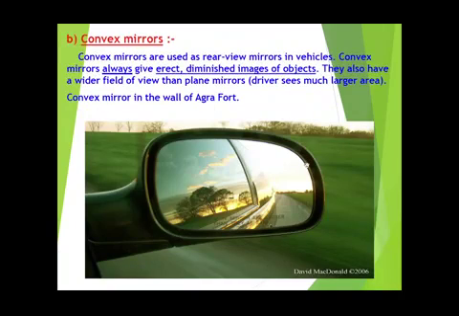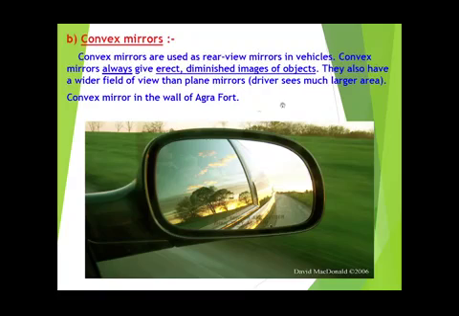Now comes the convex mirror. So convex mirrors are used as the rear view mirrors in the vehicles. Why they are used? Why only convex mirrors are used? Yes, you are correct, because the convex mirrors give us the erect image, the diminished image of the object.